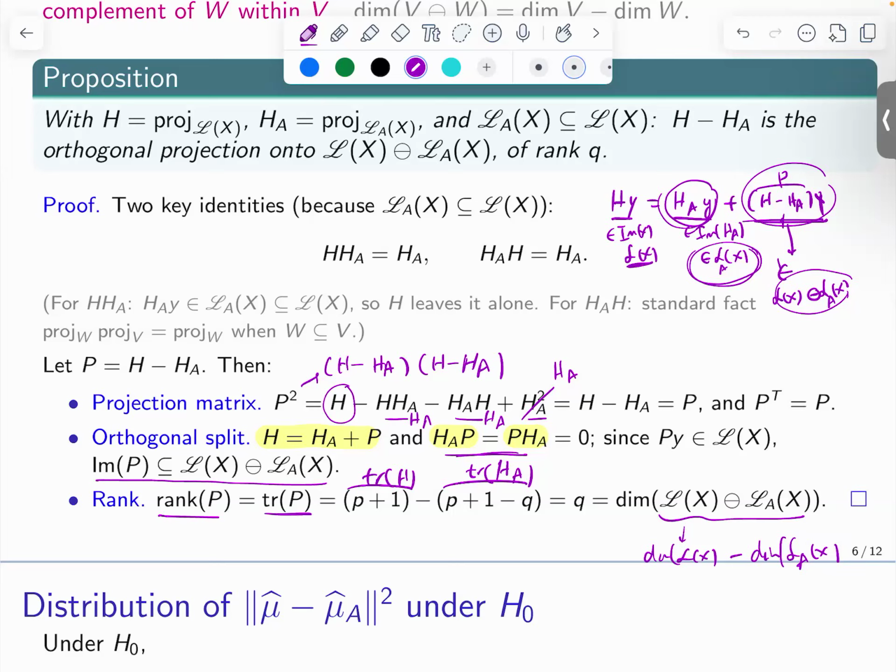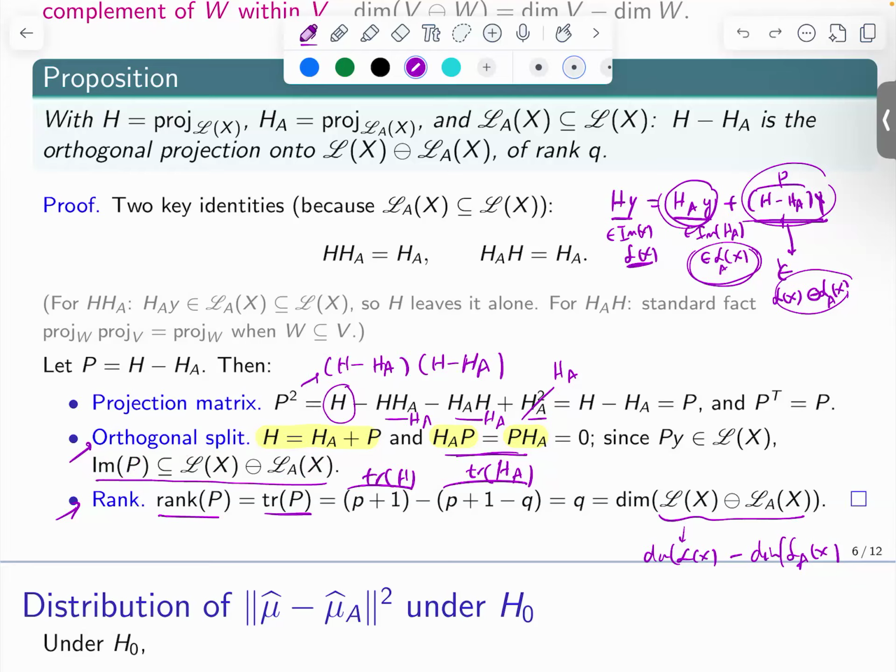I think the first one is enough to actually show what we want, but this is an extra confirmation that the rank of P matches the dimension of that space. So they have to be equal. The image of P has to be equal to this because it's inside it, and the dimensions are the same.